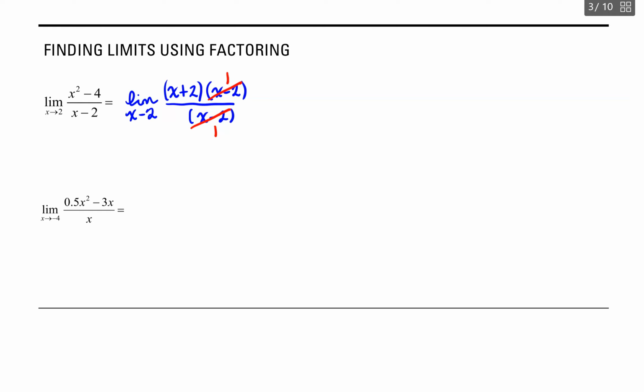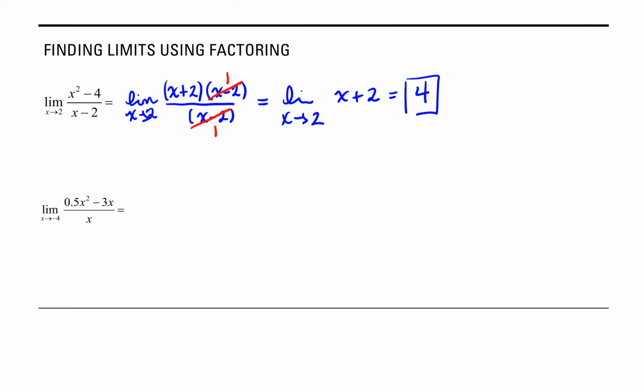And this creates now a limit as x approaches 2 of x plus 2, which would give us, as x approaches 2, x plus 2 approaches 4. So our limit here is 4.